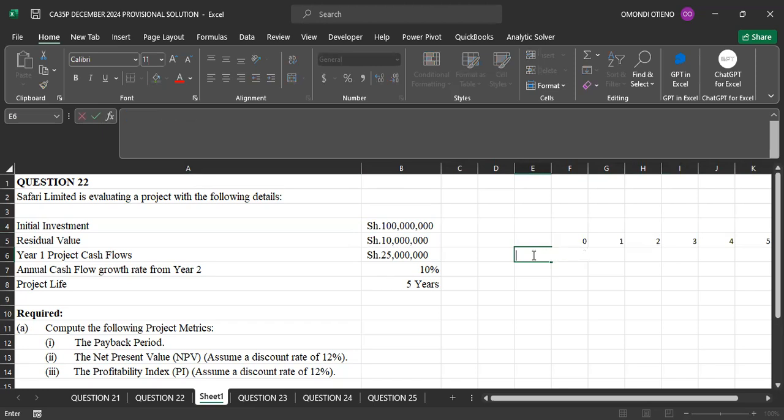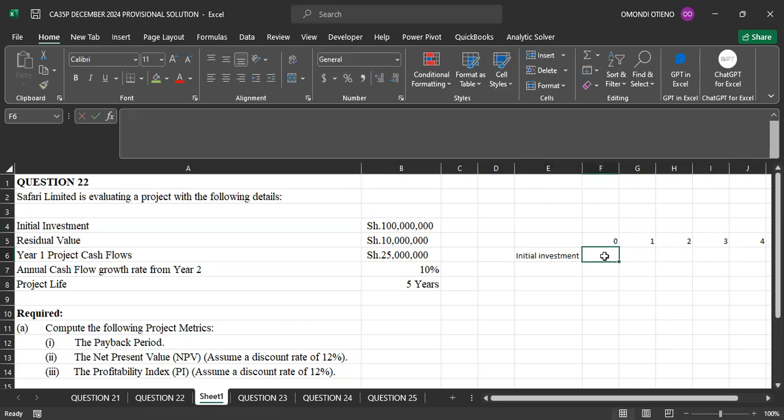Our initial investment here will be equivalent to the figure that we have been given there. The initial investment is 100 million. And this 100 million, because it is initial cash outflow in period 0, we insert a negative.